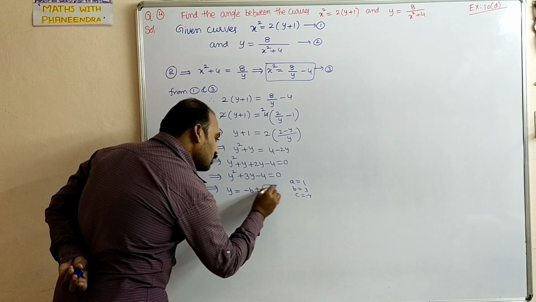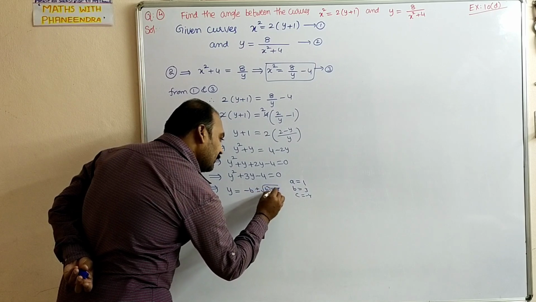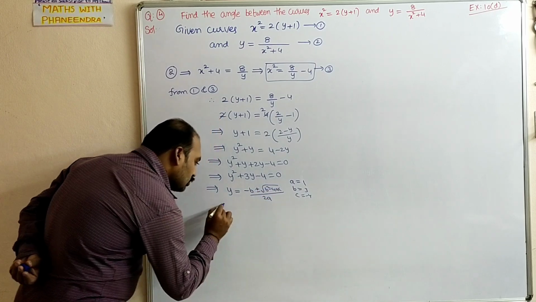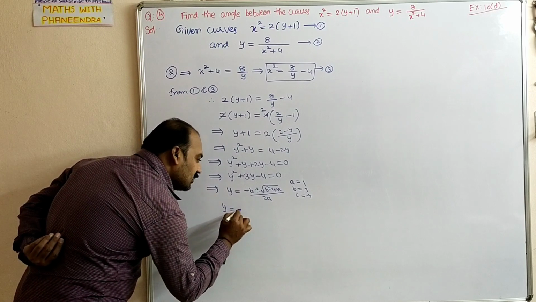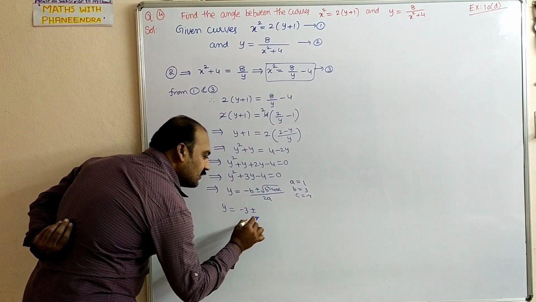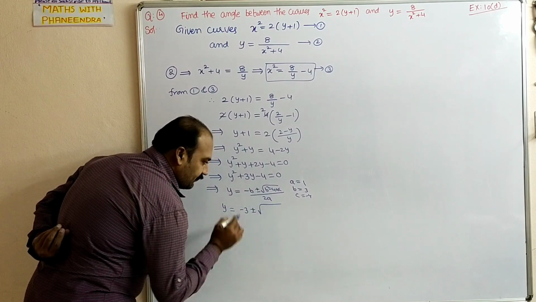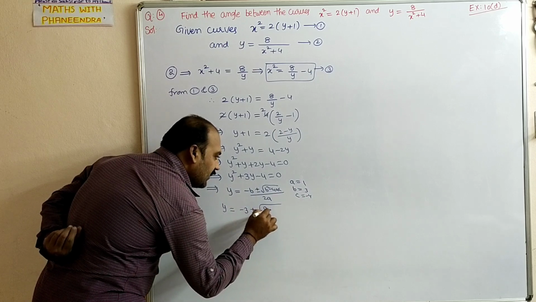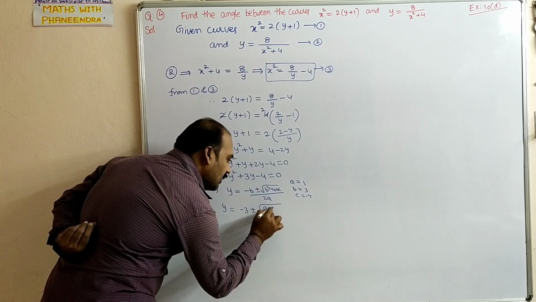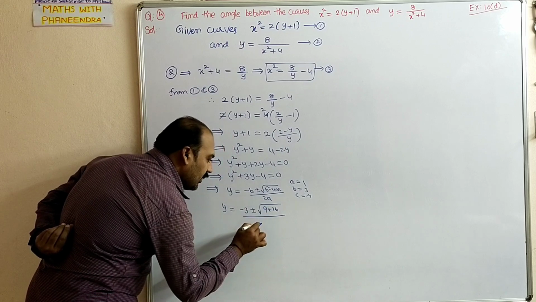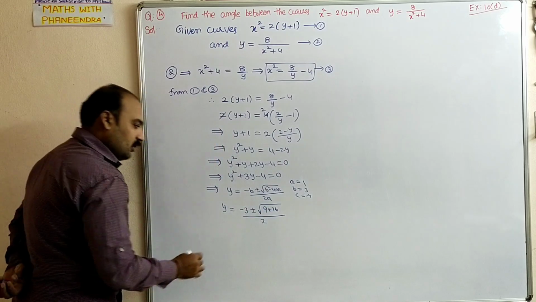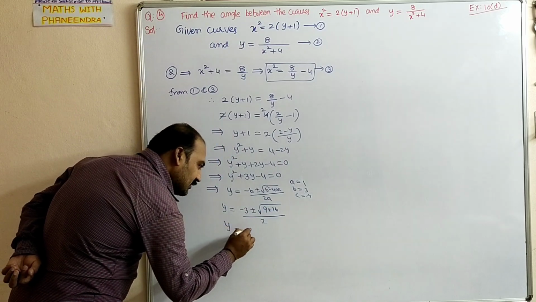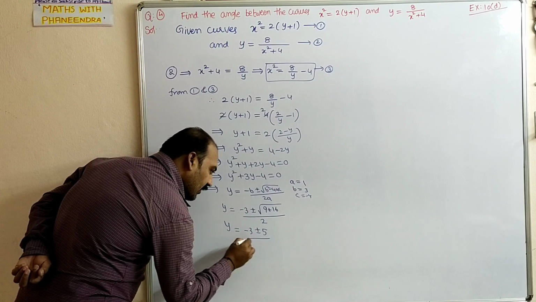Minus b plus or minus root of b square minus 4ac by 2a. So y value equals minus b means minus 3 plus or minus square root of b square means 9 minus 4 into 4, 16, divided by 2a, 2. So y equals minus 3 plus or minus 5 divided by 2.